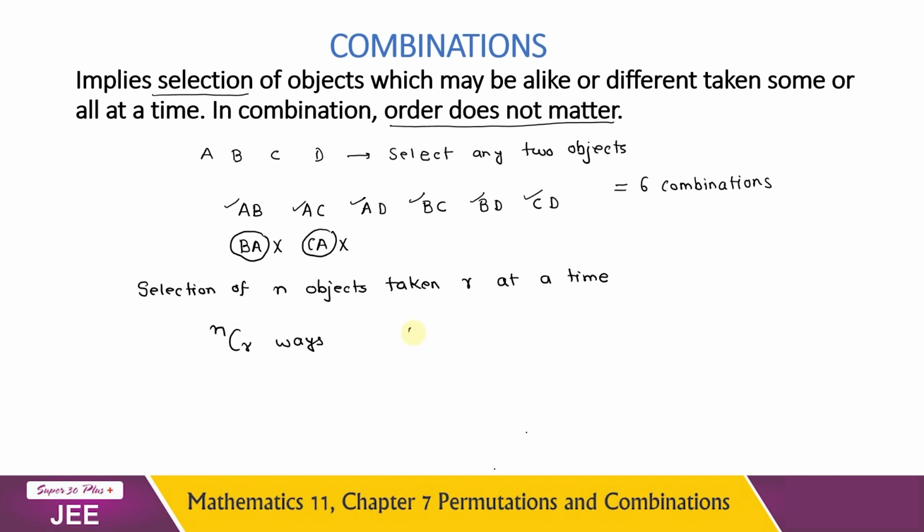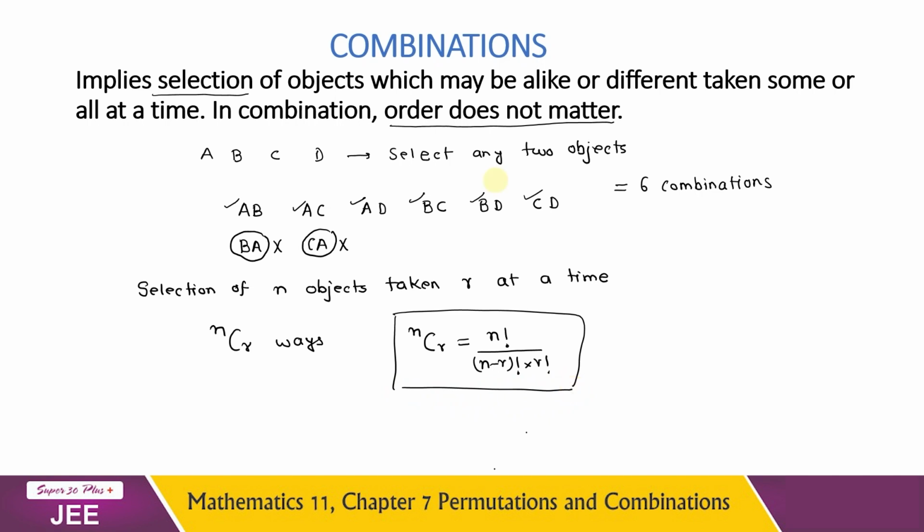And nCr mathematically is equal to n factorial over n minus r factorial multiplied by r factorial. This is the formula of nCr, that is, combination or selection of n objects taken r at a time.